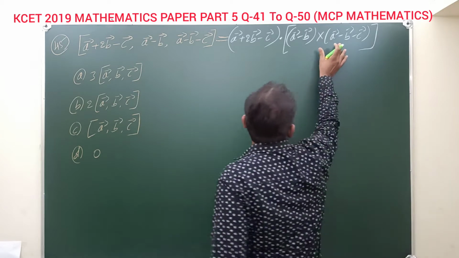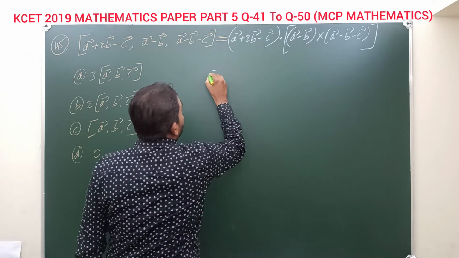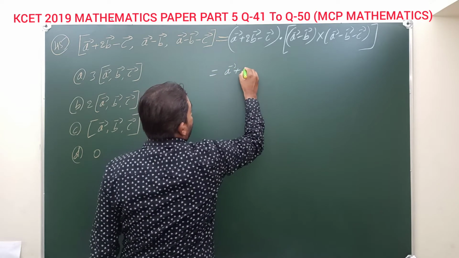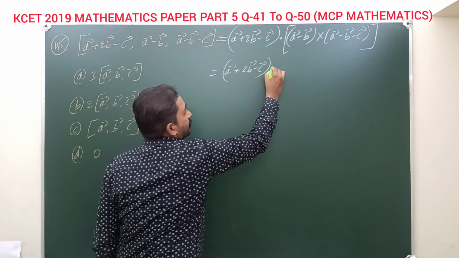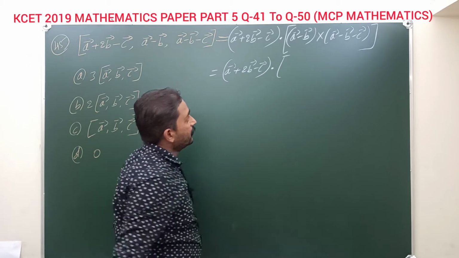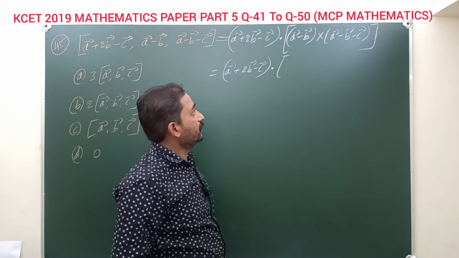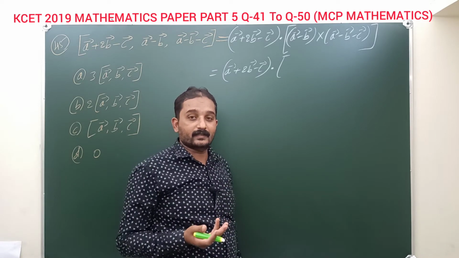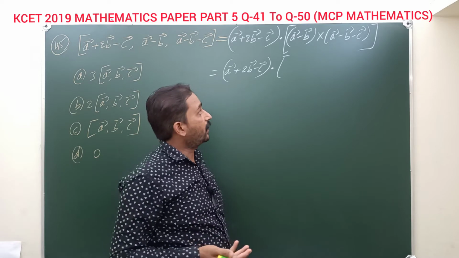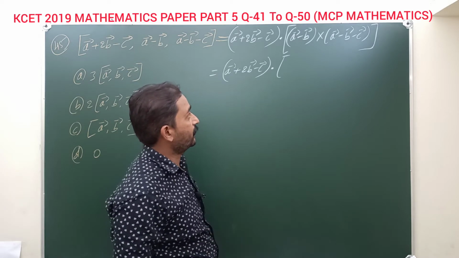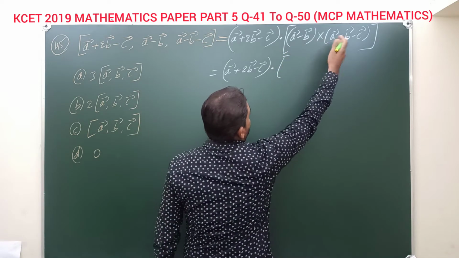So first we have to simplify this. A plus 2B minus C as it is, dot. In the cross product, if any two vectors are the same, that cross product vanishes according to the properties of the cross product. So here A cross A is 0.